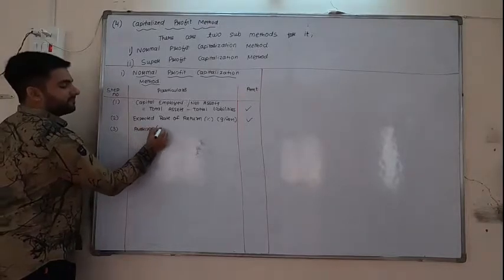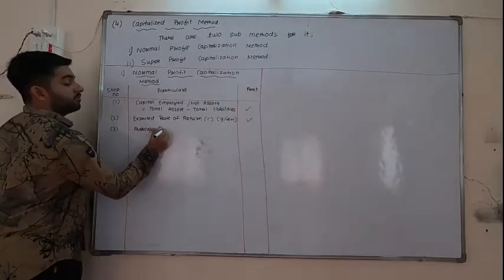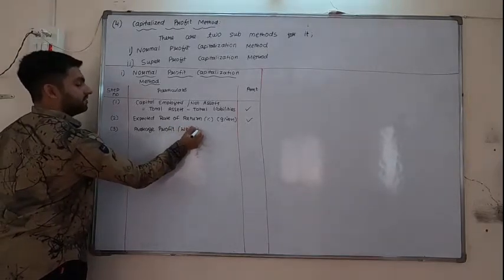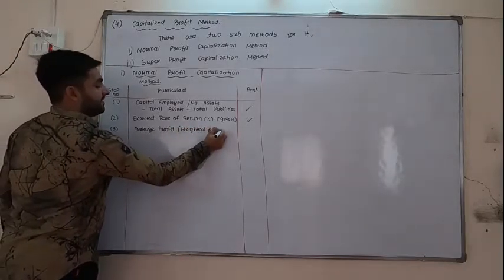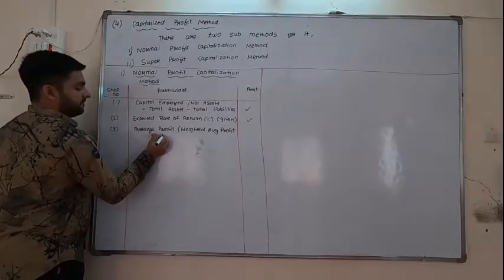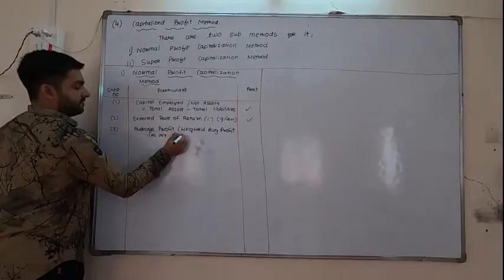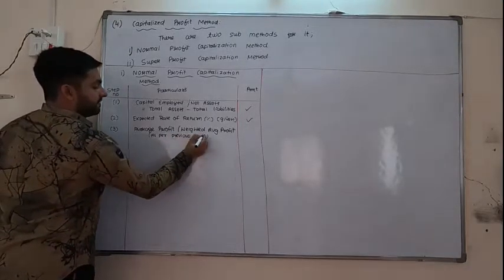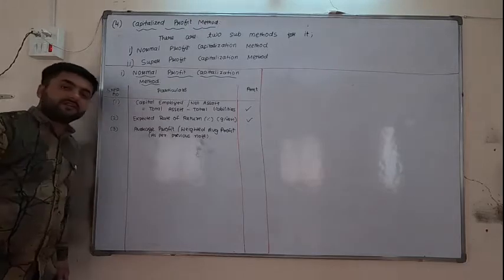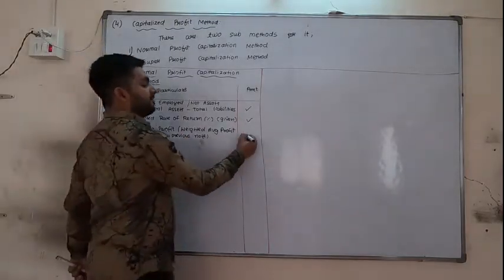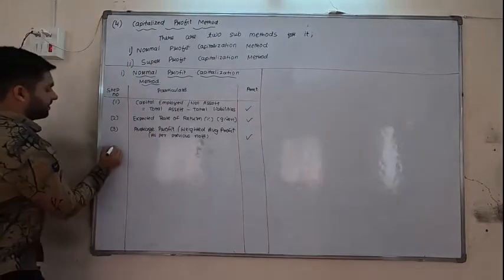Instead, leave that step. And what was the next step yesterday? Average profit or weighted average profit. As per the previous note I have given, if there is a sudden increase or sudden decrease, then we will have weighted average, or if it is a regular increase or decrease, then we will have average profit.